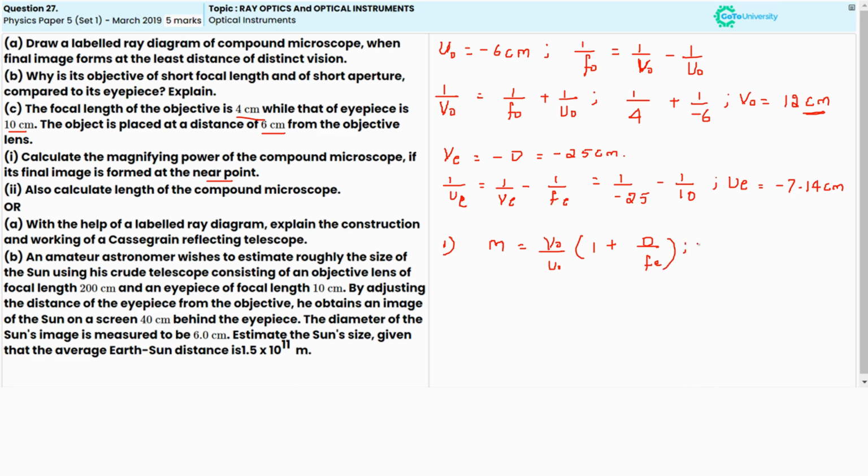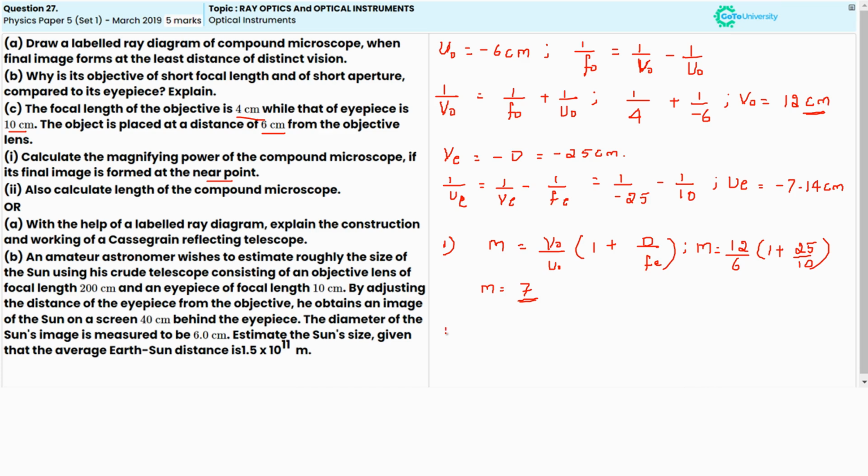Then we substitute the values: M is equal to 12 divided by 6 times (1 plus 25 divided by 10). We get the answer M is equal to 7.